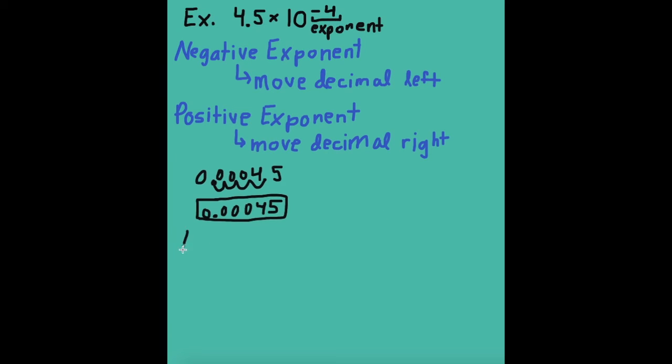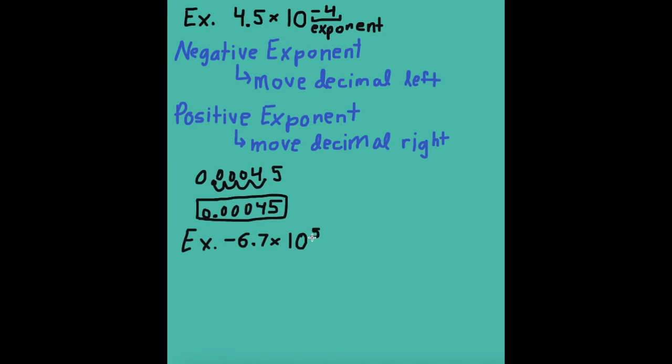Let's try another problem. Let's say we have the number negative 6.7 times 10 to the 5th power. This number is in scientific notation. How do we convert this to a regular number? Keep in mind, when you have a negative exponent, you move the decimal to the left.